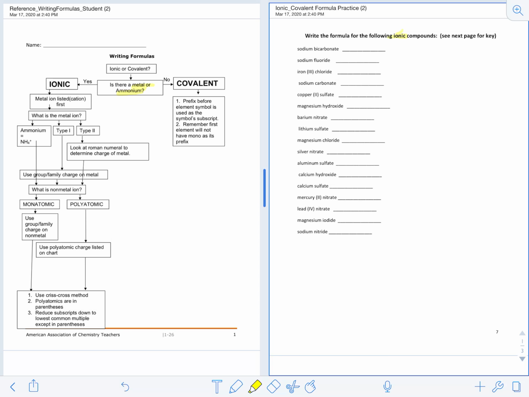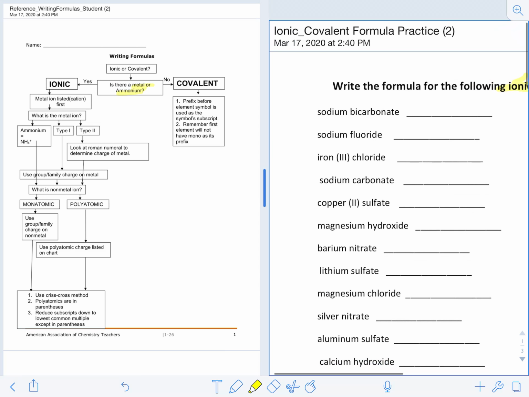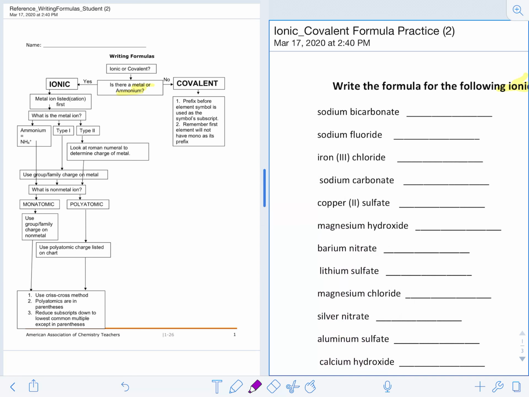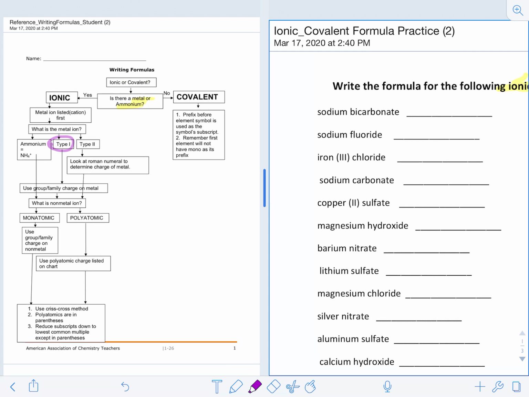Now I'm going to show you how to write the first name here. Notice that it is sodium and there's no Roman numeral. So we're essentially dealing with type 1 here. Type 1 is not a transition metal. Now the tricky part is for this first name here, bicarbonate, it is not an element that ends in -ide.